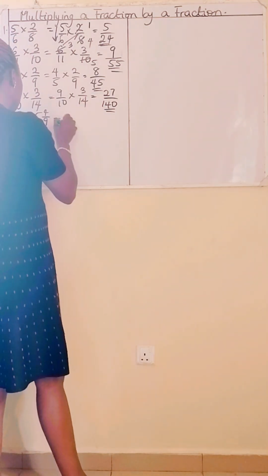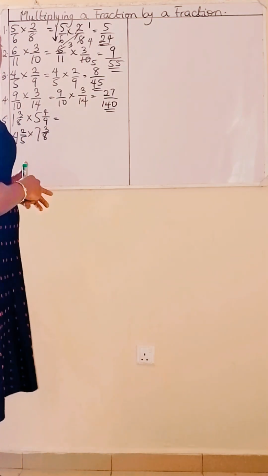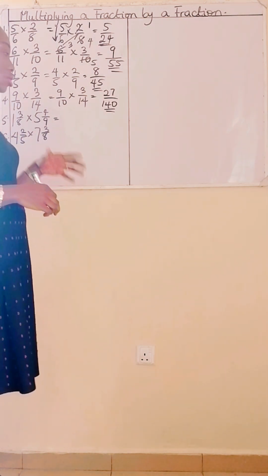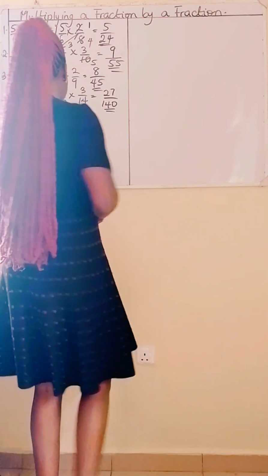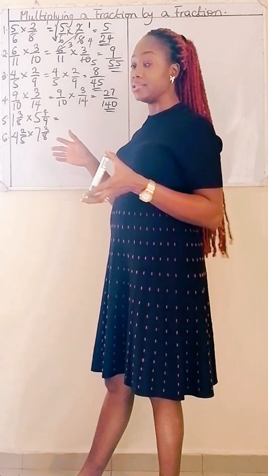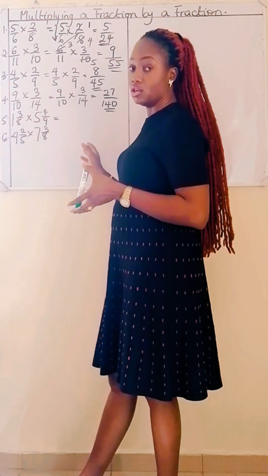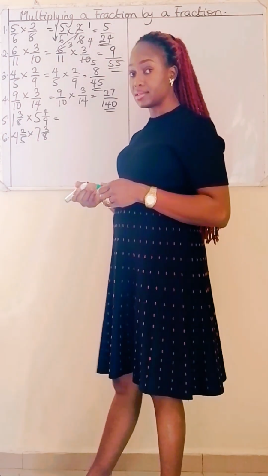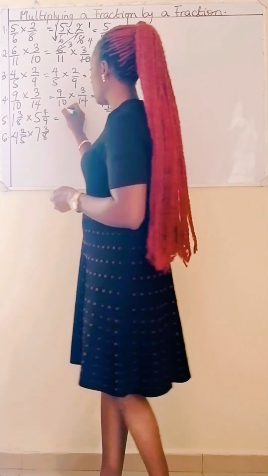Then question 5. Now, this is a mixed fraction multiplying another mixed fraction. So in order for us to get the answers correctly, we have to expand the mixed fraction to an improper fraction. Right? Now we have 8 times 1 is 8, then plus 3 is 11.